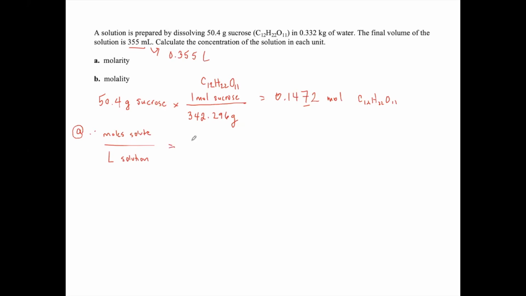Okay, so 0.1472 moles of sucrose divided by 0.355 liters of solution. And that ends up being 0.415 molar.